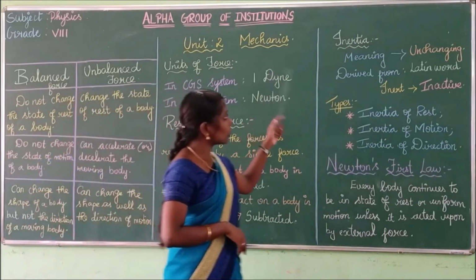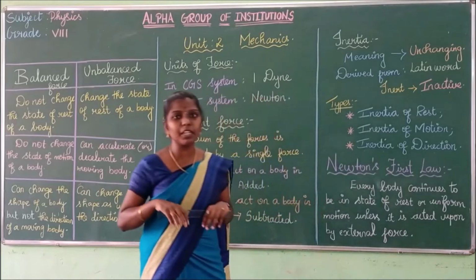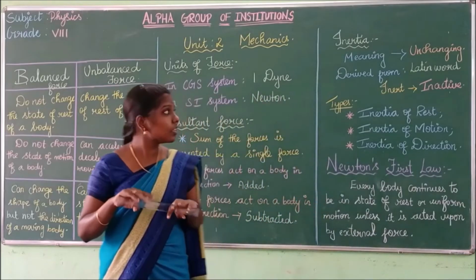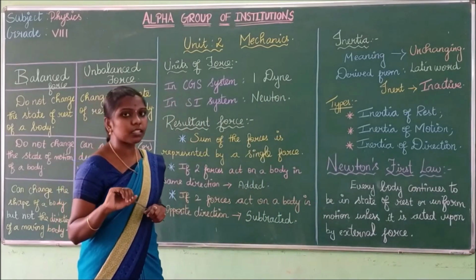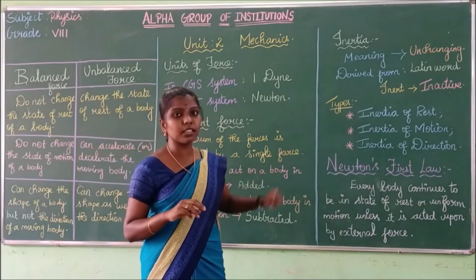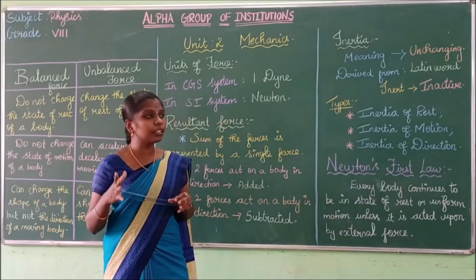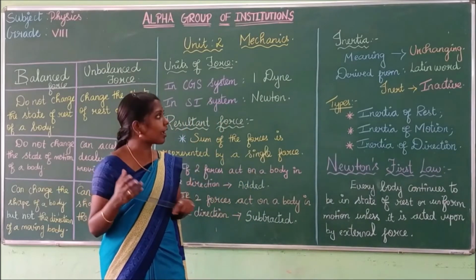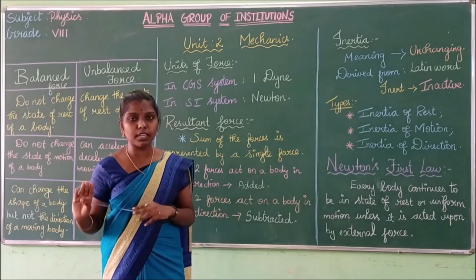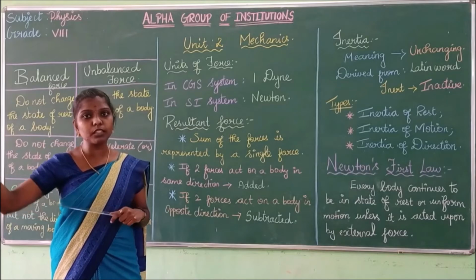Next, we are going to see what is inertia. Inertia is the inability of a body to change its state of rest or motion unless an external force acts on it. A body remains in a state of rest unless we apply some external force to make the object move.